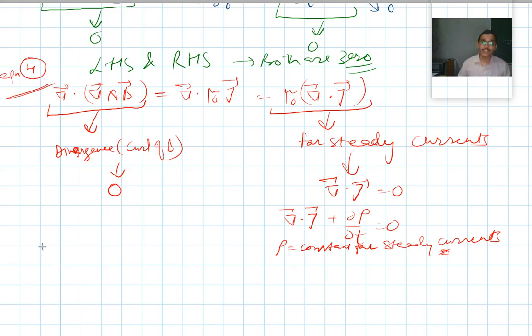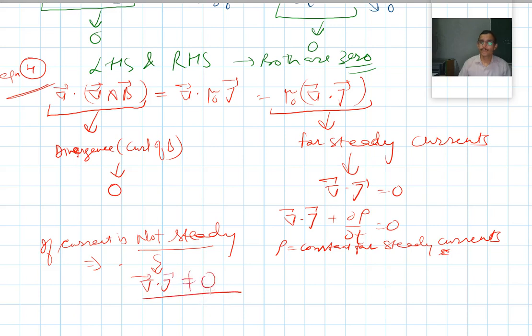But if current is not steady, in such a situation del dot J is not equal to 0. So the left hand side is always 0, but the right hand side is not always 0 for non-steady currents. This is the problem with this equation.